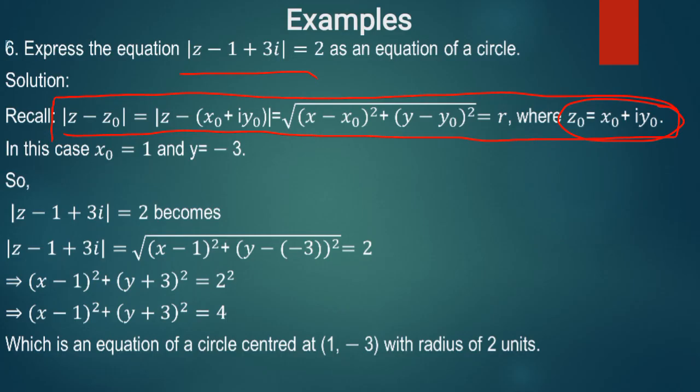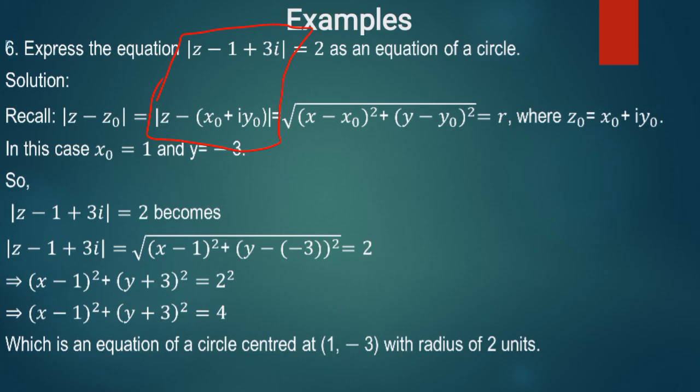If I plug in z0 in here, it will look like x0 plus that, which is what you see here. All you need to do is compare these two together, this part first, so that you can know which one is x0 and which one is y0. You can see that? Now watch this.